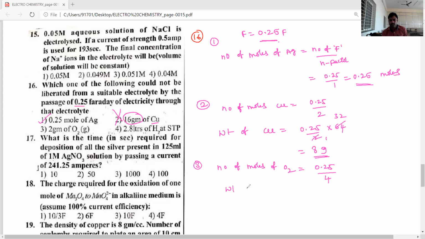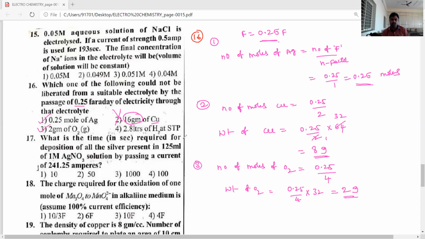Then the weight of O2 is 0.25 by 4 into 32. 8 times 0.25, which is 1 by 4, is 2 grams. So the third statement is correct.